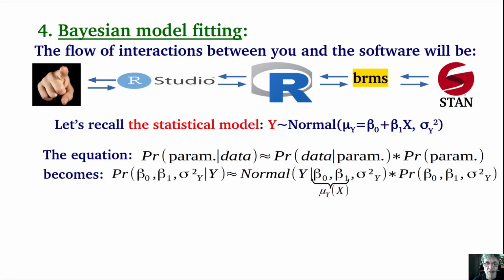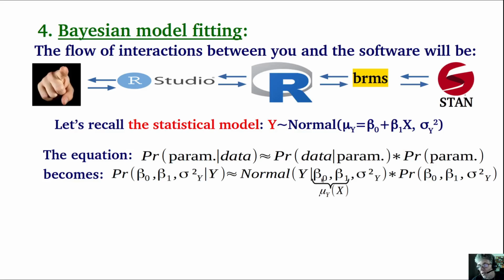In this specific case, this is the joint posterior distribution of the intercept, slope and variance given the data, and this is the likelihood part, the probability of seeing the data given the sets of values of the parameters.